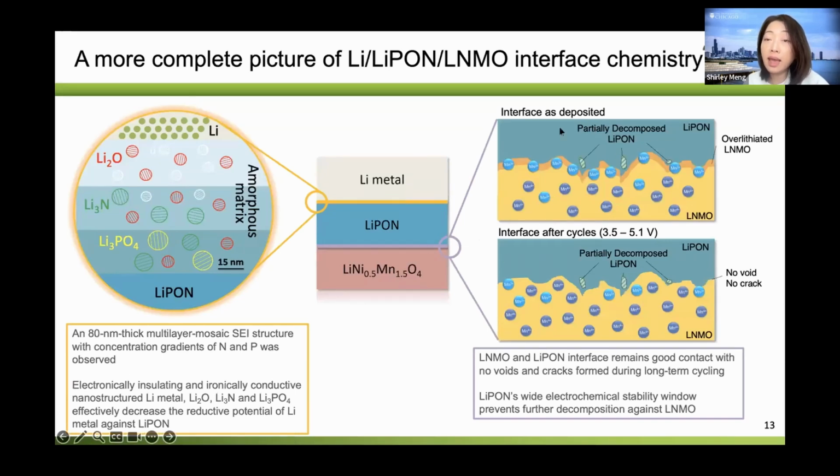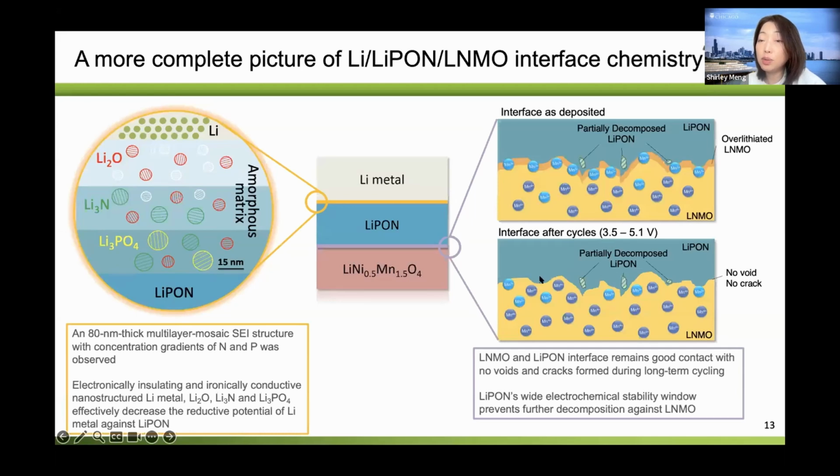What we think happened is during the deposition, because of the concentration difference between LiPON and the LNMO, there will already be a slightly over-lithiated layer of the LNMO, as I showed you previously in the neutron depth profiling data. And because of that, there's a little bit of decomposition of the LiPON and also the reduction of the Mn3+, manganese 3, at this interface, revealed later by the electrochemical data.